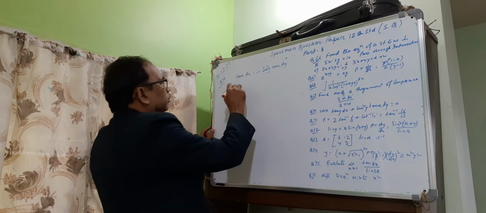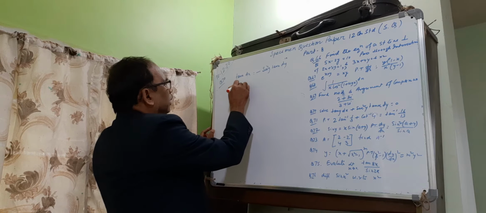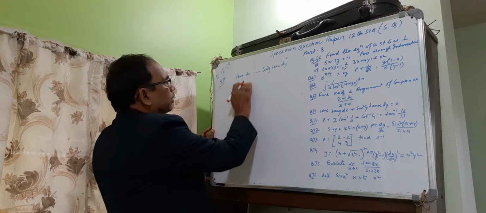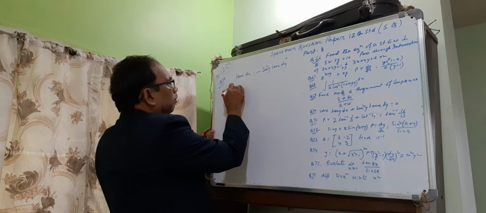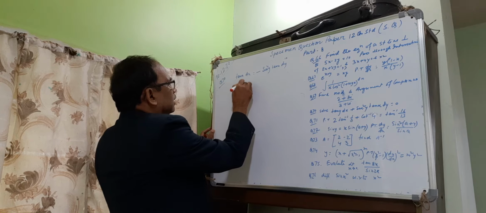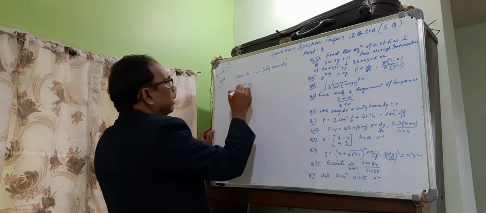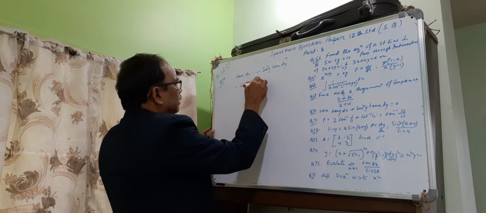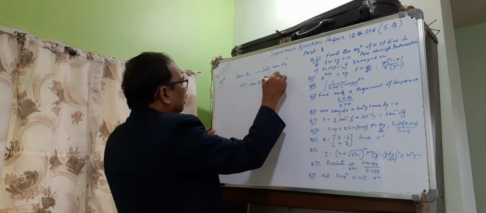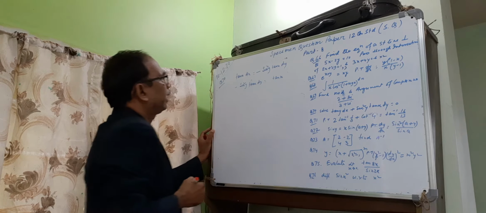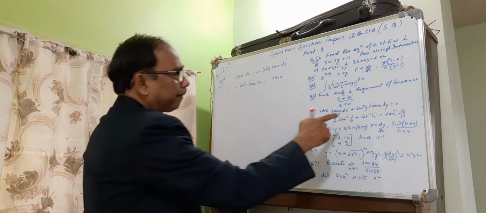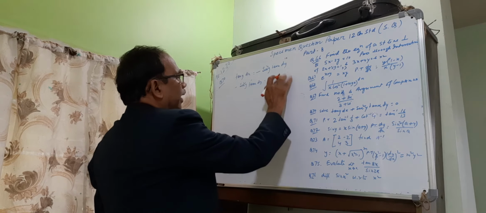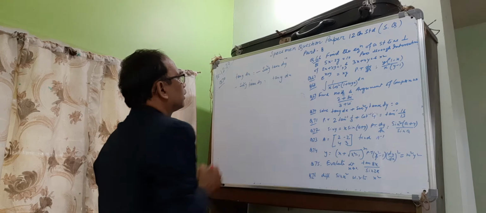Now we can write minus sec² y dy, and sec² y tan x dy equals tan x sec² y is tan y dx.